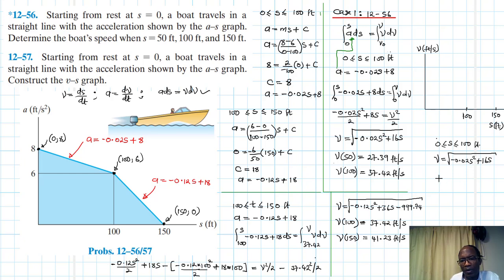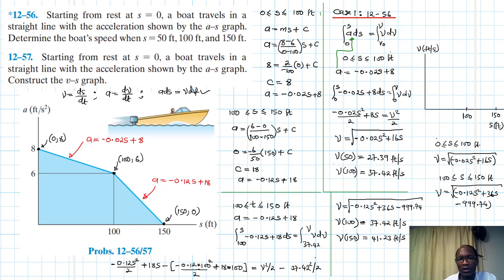And in the interval 100 to 150 feet, we have v equal to the square root of minus 0.12 s squared plus 36s minus 99.74. So these two equations are the ones we are using.